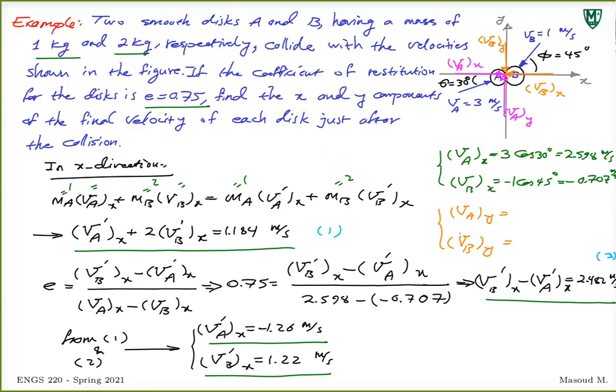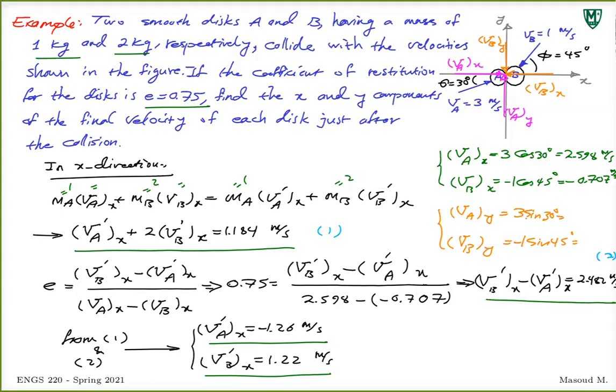VA in y direction is 3 sine 30 degrees, and it's positive y direction. VB in y direction is 1 sine 45 degrees, and it's negative because it's downward. Minus 1 sine 45 degrees.